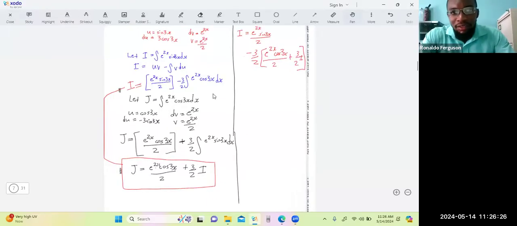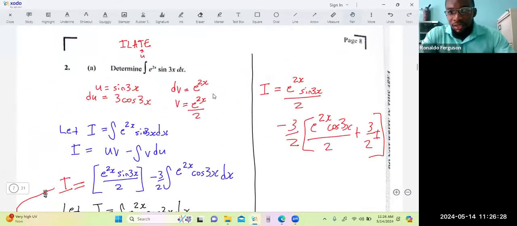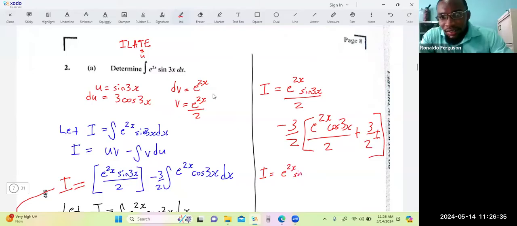And remember, you're going to have to make I the subject. So if we simplify this, it's really I equal e to the 2x sine 3x over 2 minus 3e to the 2x cos 3x over 2 times 2 is 4. Then 3 and 3 is 9, so that's minus 9, 2 times 2 is 4.